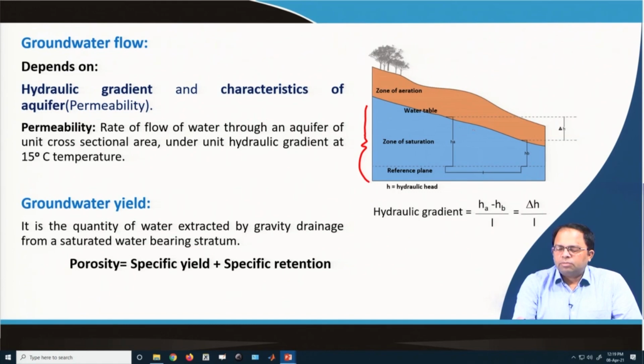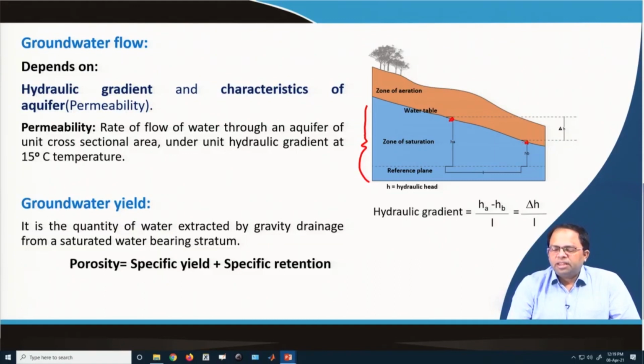The water table is more or less a few meters below the surface, and if we take a reference plane, maybe the impervious stratum below, we can see that H A is the height of the water table at this point, and H B is the height of the water table at this point from the reference plane.